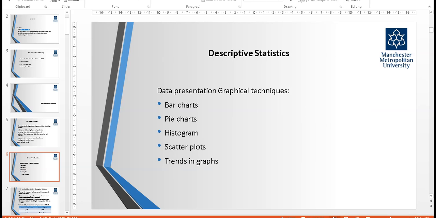Descriptive statistics include many different methods and techniques that describe the data that you've obtained.